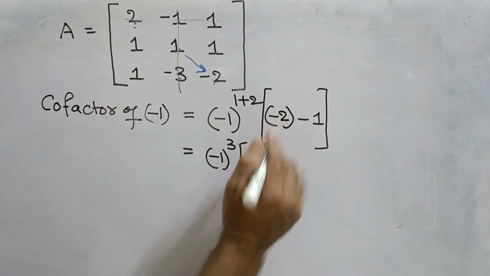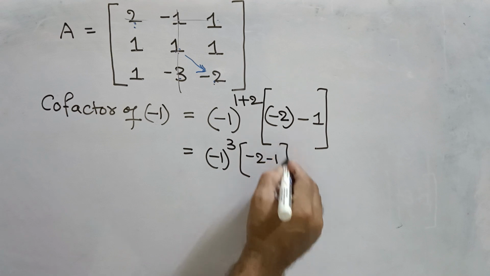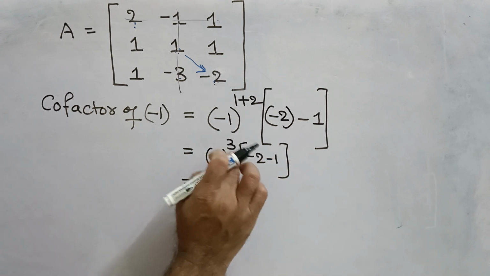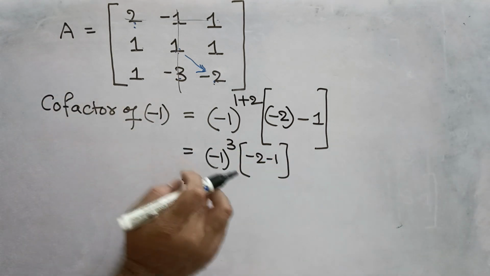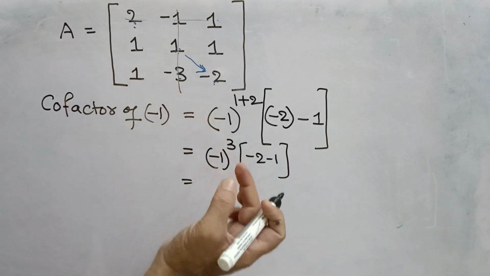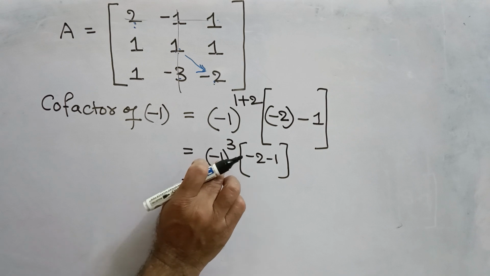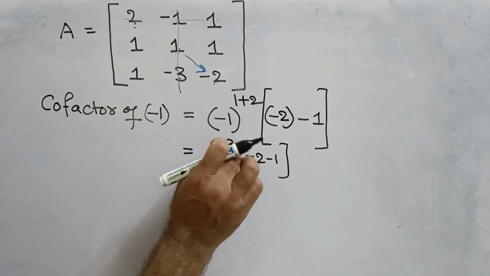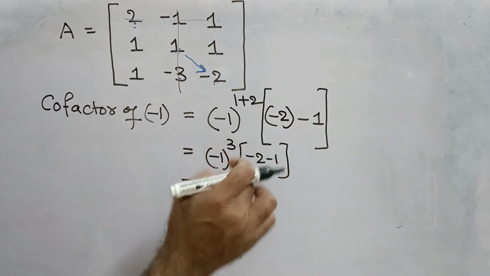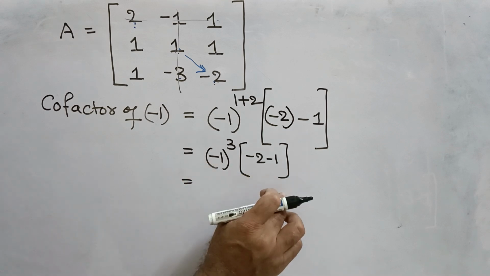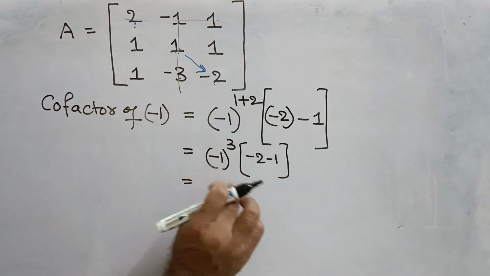Then it is equal to minus 2 minus 1, and this is equal to minus 1 power 3. What is minus 1 power 3? Minus 1 into minus 1 into minus 1, three times. The magnitude is 1 into 1 into 1, and the sign is minus into minus into minus.